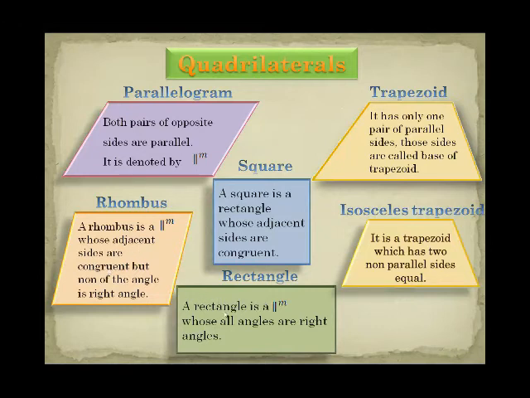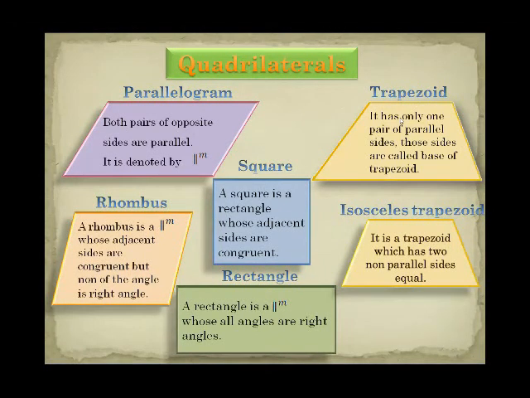A rectangle is a parallelogram whose all angles are right angles. To recognize a rectangle, all the angles are 90 degrees, but it is such a kind of parallelogram. The next one, a square, is a rectangle whose adjacent sides are congruent. It means that in a square all the sides are congruent.